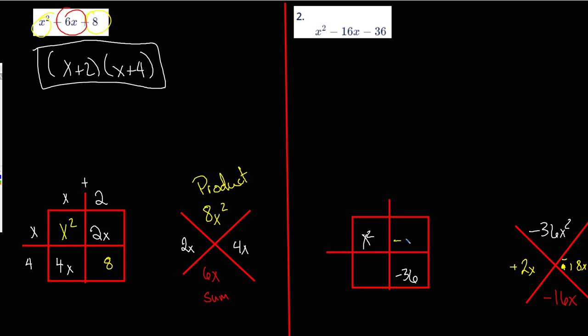And so when I fill that into my boxes, I factor out the x here, I factor out the 2 here, giving x and a negative 18.